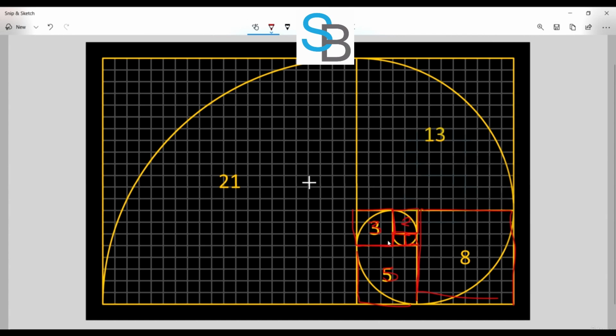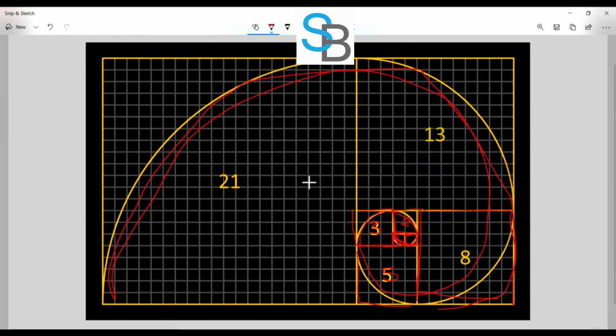And then what they did is they connected a spiral drawing from one edge to the other, from one edge of the square shape to the other. So as you can see, this is what they did to get the Fibonacci spiral chart. So what's special about this Fibonacci spiral chart?